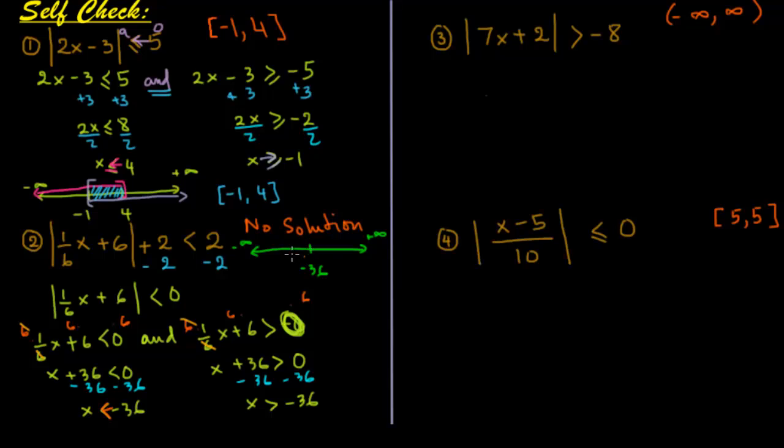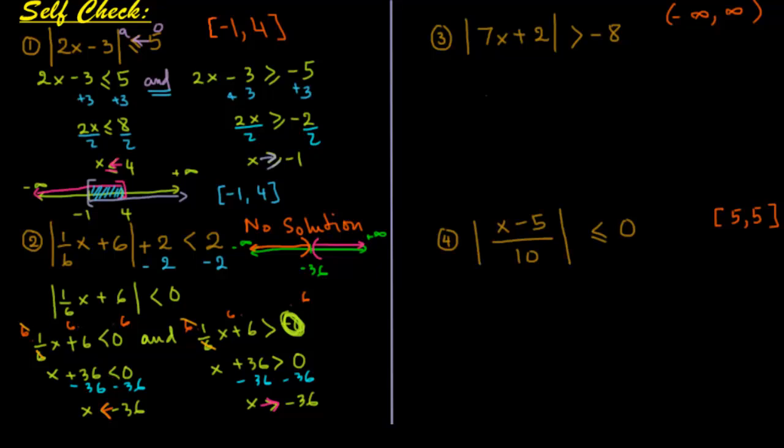From that point it goes to the left. So we have the arrowhead go to the left. Without the equal sign, that will be a parenthesis, which means it does not include negative 36. On the right side, I put the tail. From that point it goes to the right. Without the equal sign, I will use the parenthesis, which also means it does not include negative 36.